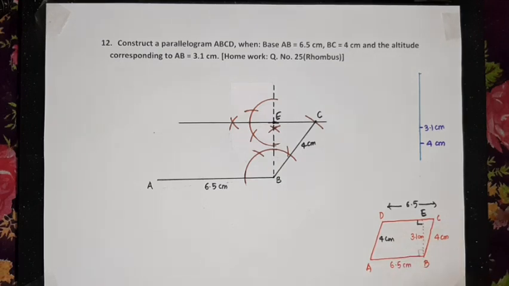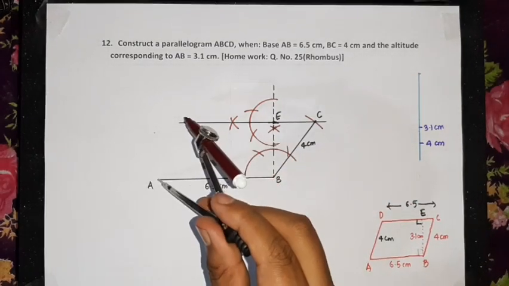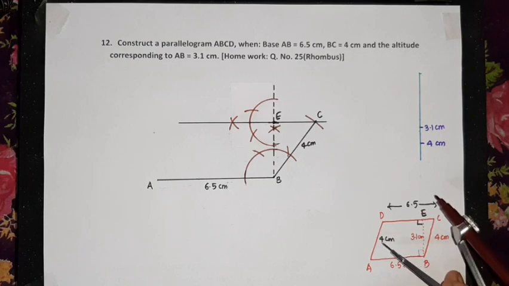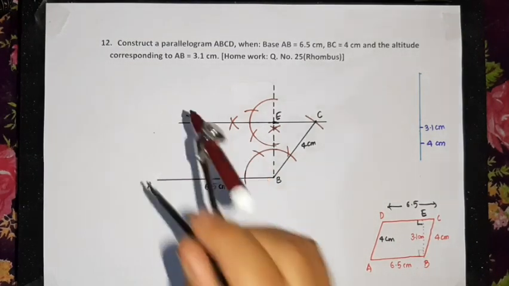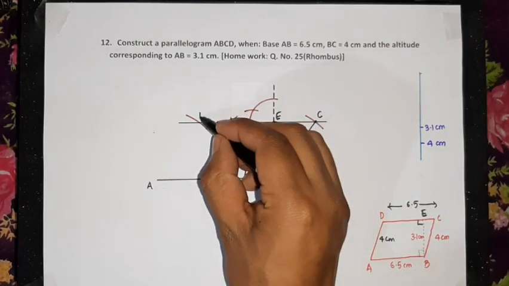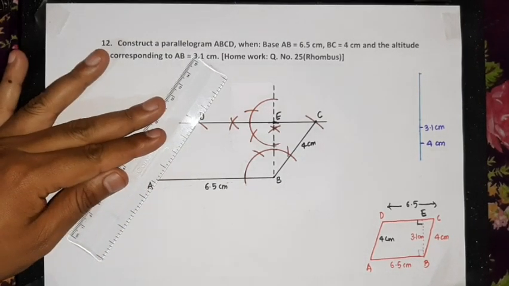So from AD also I have to draw 4 centimeter. From A I'm going to cut this line, and this point of intersection will be exactly at D. Now let me join A and D as well.